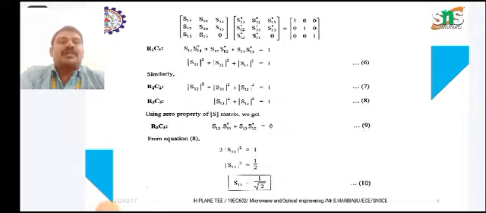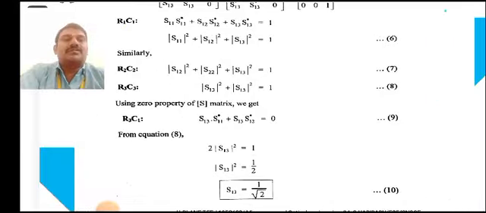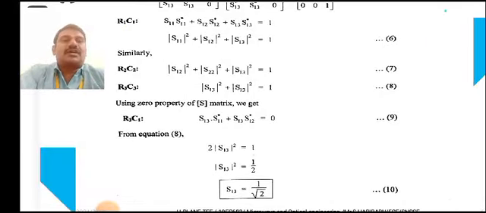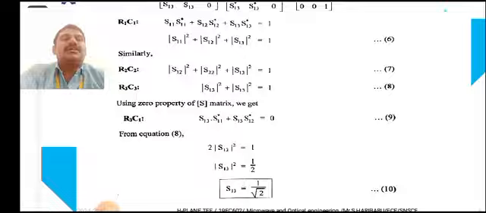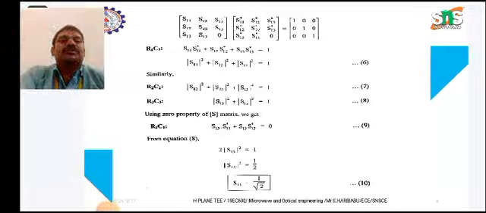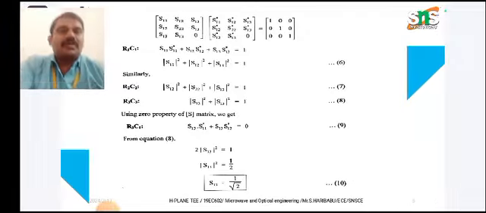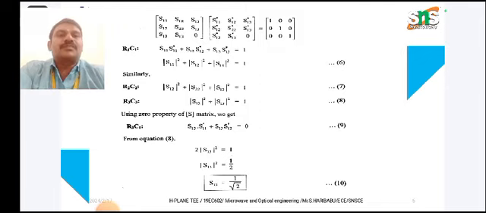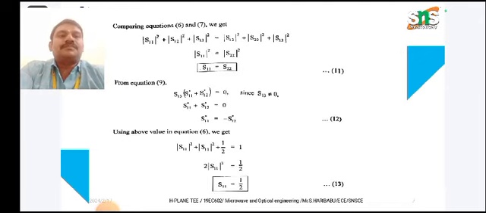We get S13 S11 star plus S13 S12 star equal to 0 from equation 9. From equation 8, we see 2 S13 square is equal to 1, so S13 is equal to 1 by root 2. This was already seen in the E plane tee, with the same terms.